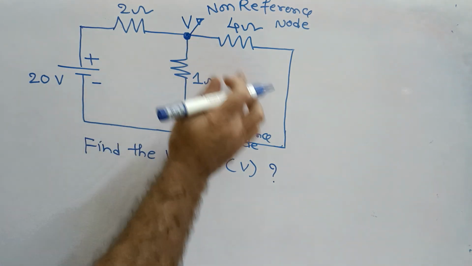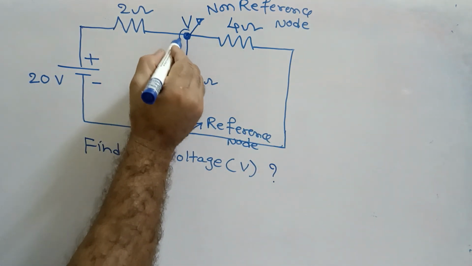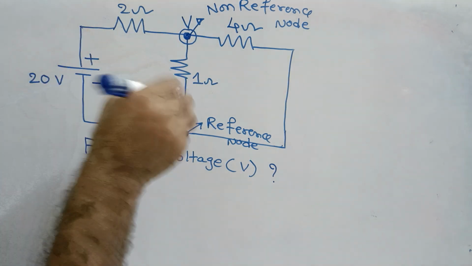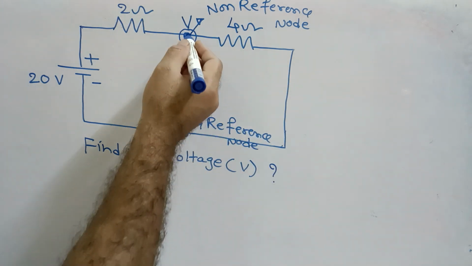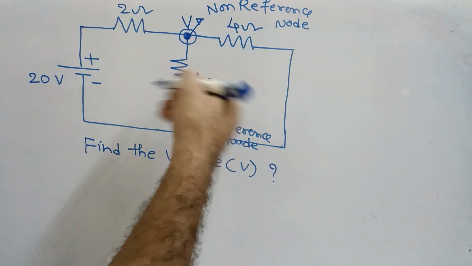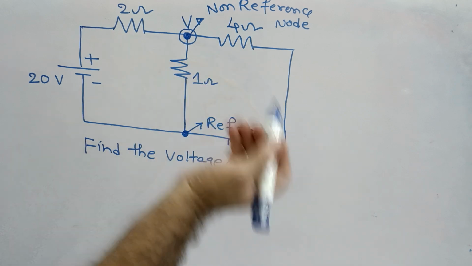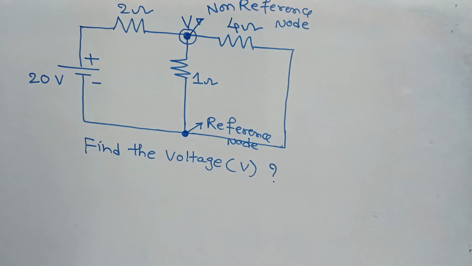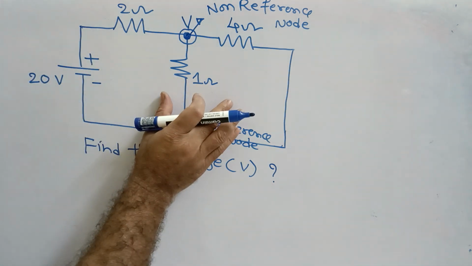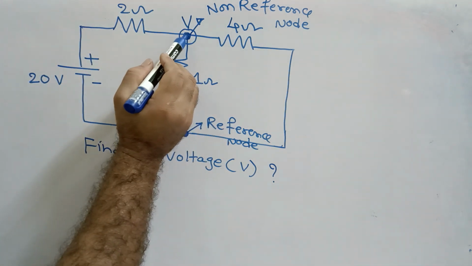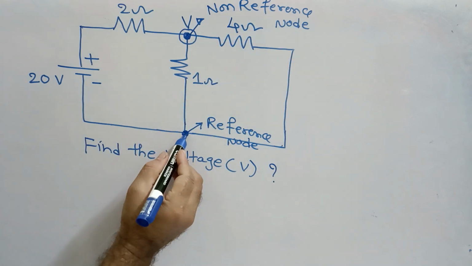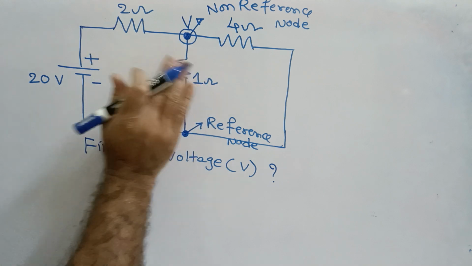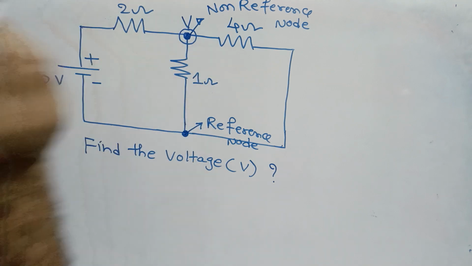In this example there is one non-reference node, but depending on the complexity of the problem there can be 2, 3, 4, 5 or more.